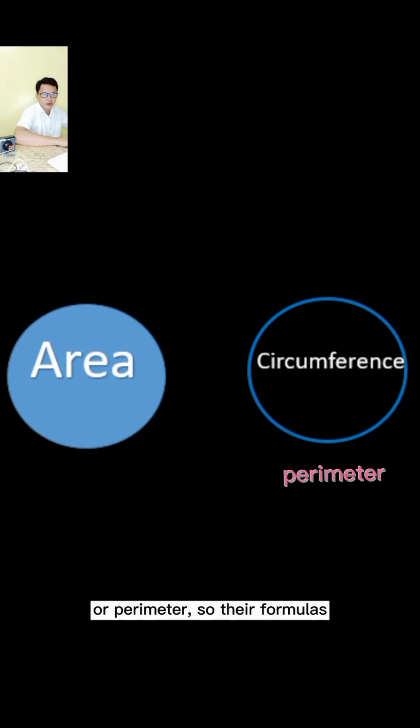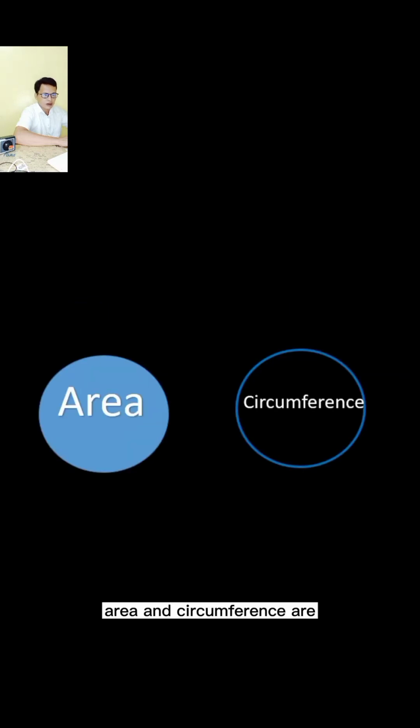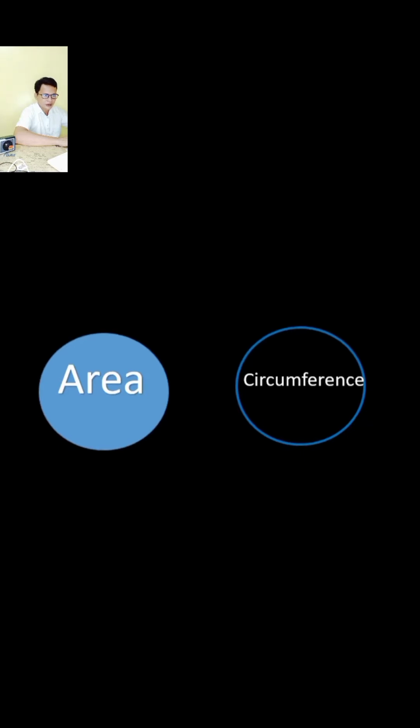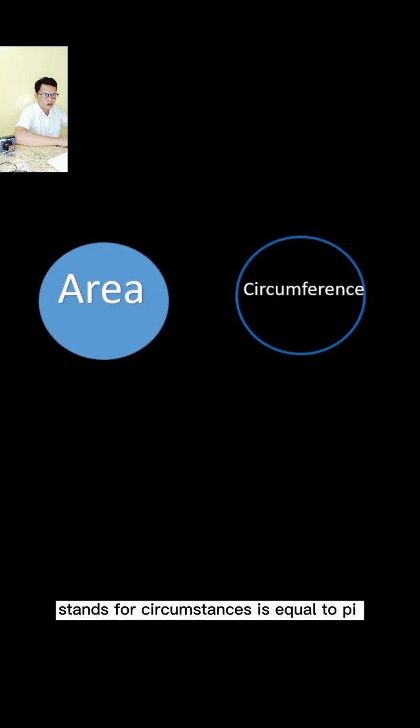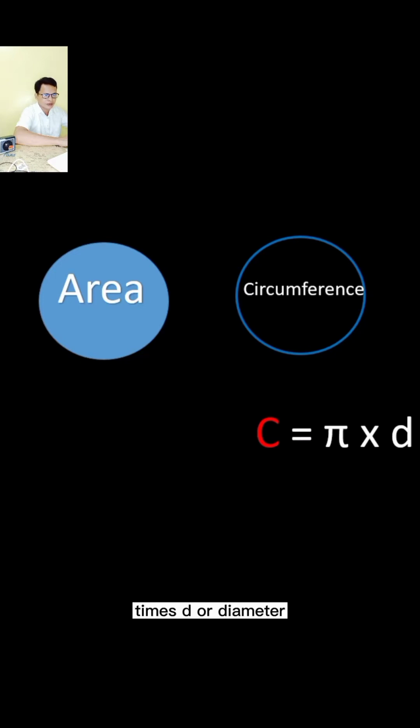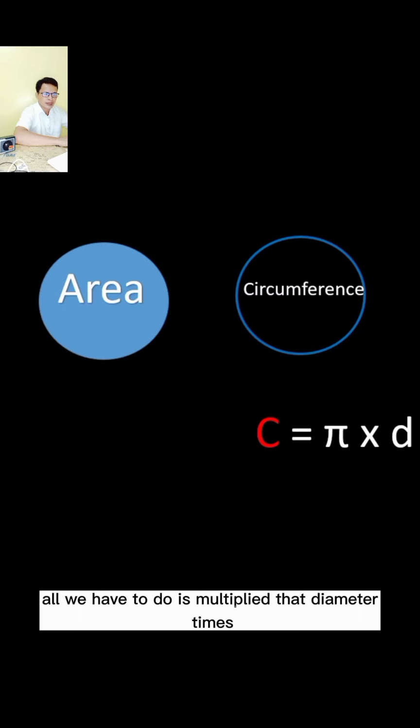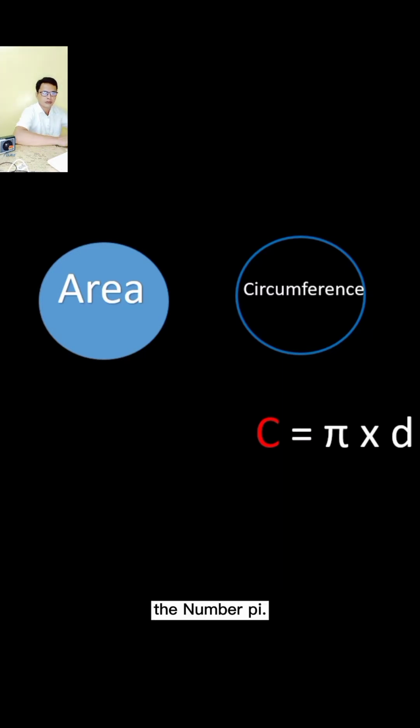So the formulas that we're going to use to calculate area and circumference are: C, which stands for circumference, is equal to pi times D, or diameter. If we know the diameter, all we have to do is multiply that diameter times the number pi and we'll get the circumference.